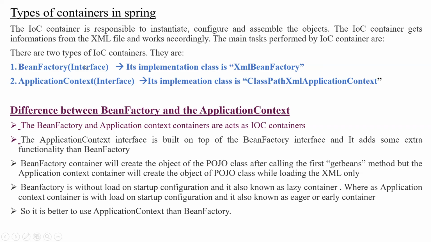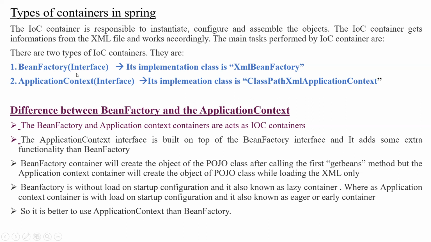There are two types of containers: Bean Factory and Application Context. Bean Factory is an interface, and Application Context is an interface. If you want to make use of any container, you should create an object of it, but you cannot do so when it is an interface. So it should have an implementation class.